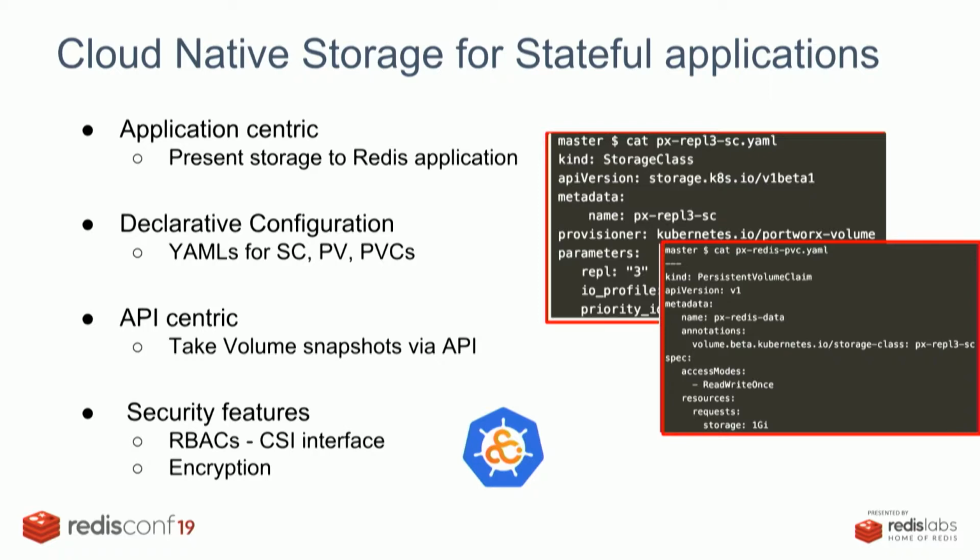You should be able to specify in your Redis application's deployment spec or application YAML what kind of storage class you should be provisioning, what kind of I/O you are looking for, what kind of replication strategy you want, so that you can audit that and do GitOps kind of operations, check that in, and then have that go through into your production environment.